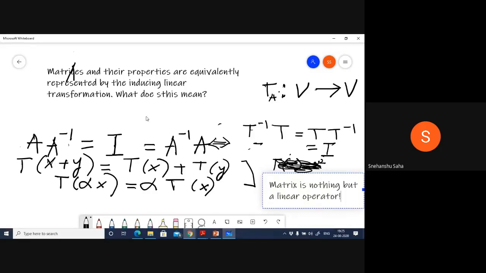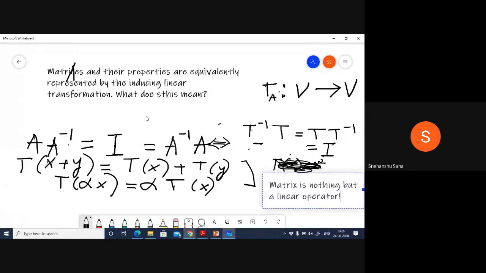So you would do well to remember from your first calculus course: when do you guarantee that the inverse of a function exists? What is the necessary and sufficient condition for the inverse of a function to exist? Because a linear transformation is also a function, the same condition will apply to linear transformations as well.